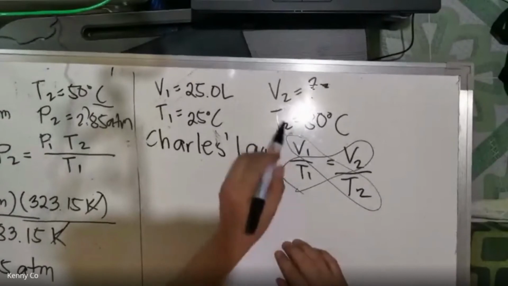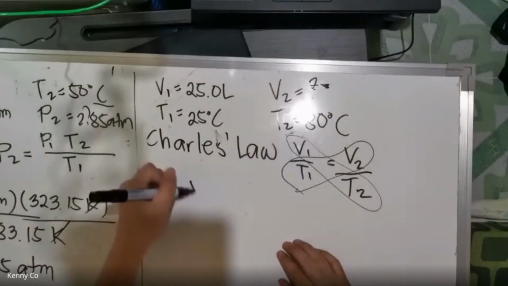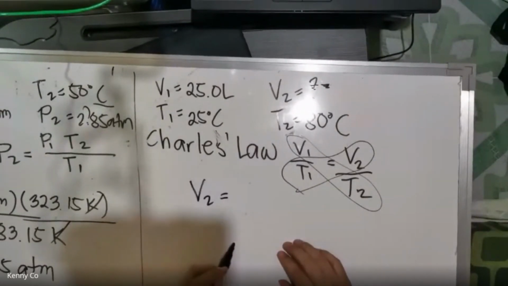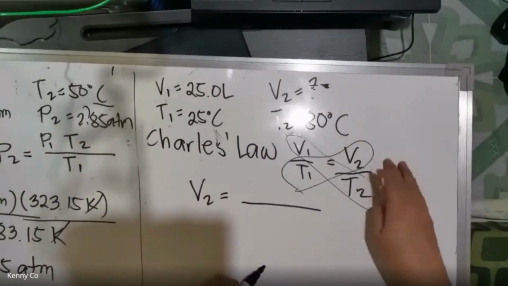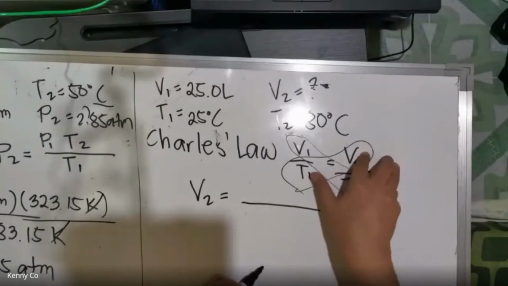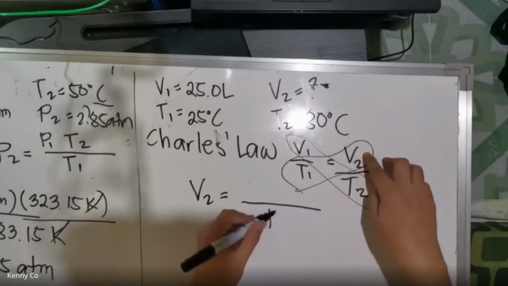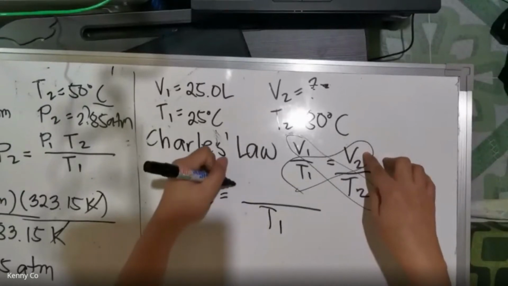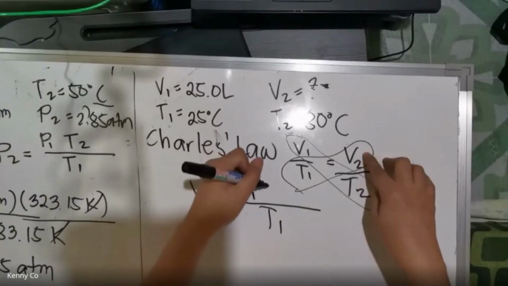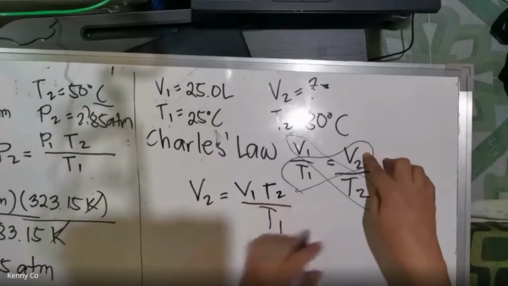Ang nawawala ay si V2. Isulat mo na agad si V2. Tapos, kung sino yung kasama ni V2, automatic siya na yung magiging denominator. In this case, ang kasama niya ay si T1. So, therefore, ang denominator natin ay T1. And the numerator yung the rest, V1, T2.